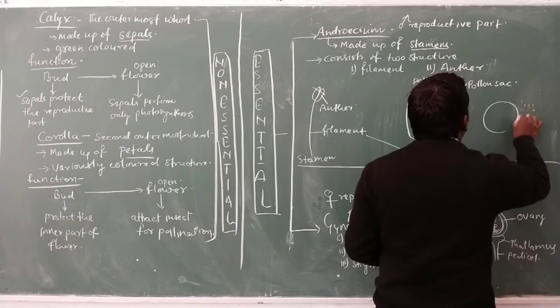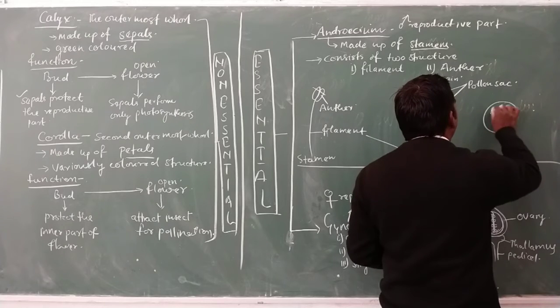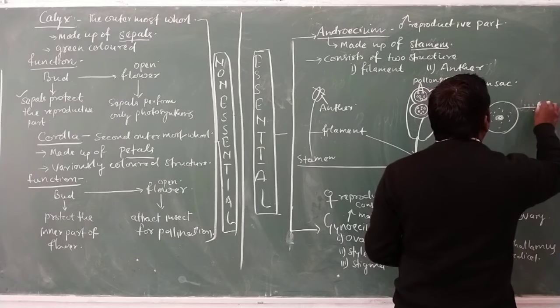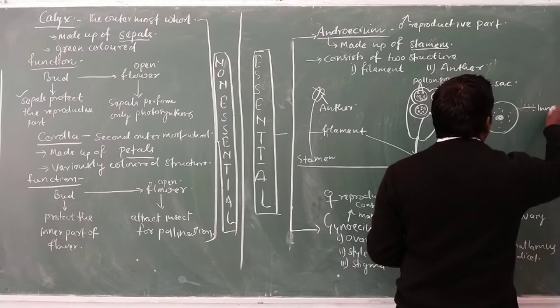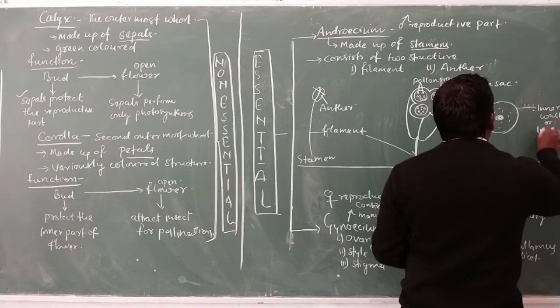Suppose this is the pollen grain. If we observe the structure of the pollen grain, there are two layers. The first is known as the inner wall, or intine.